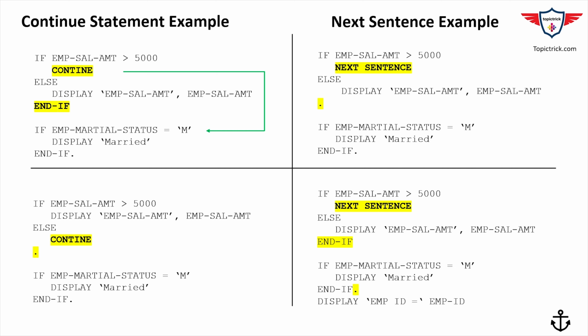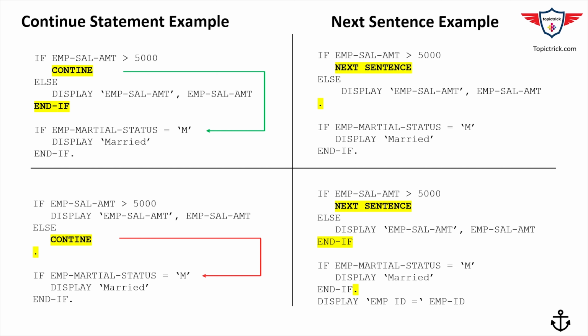In the second example, I've used the same condition, but this time I have not used the explicit scope terminator. I've just used the period, right? It says if employee salary amount is greater than 5,000, then display the salary amount, otherwise continue, right? I could have avoided the else, because I don't want to do anything in the else portion.